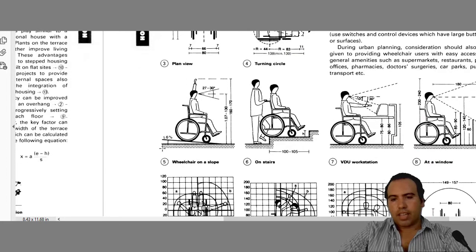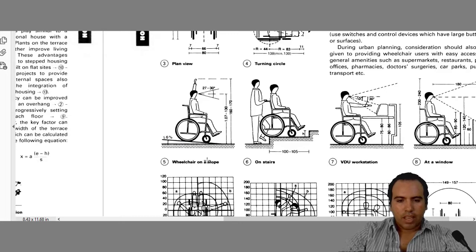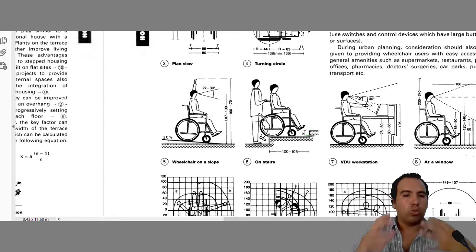There's a lot of things to watch out for. The slopes have to be less than 6% for a wheelchair, and you also have to watch the angle of eyesight, which is about 30 degrees. On the stairs, you have to check who you are designing for.